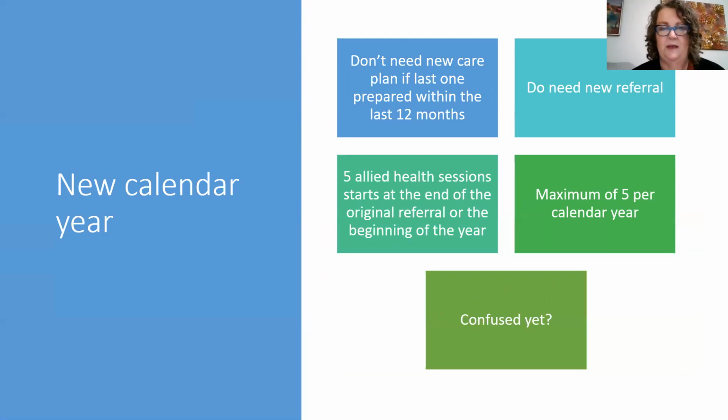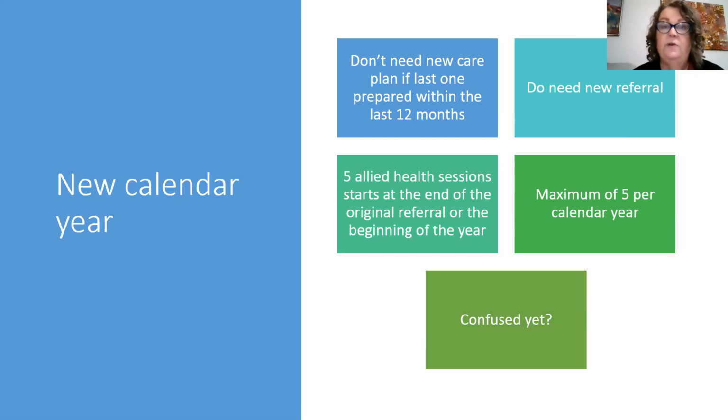So if a patient has had, say, 3 sessions with the allied health provider in 2020, and then the 2 further sessions that were suggested in the original team care arrangement in 2020, they've had those 2 sessions in January and February.